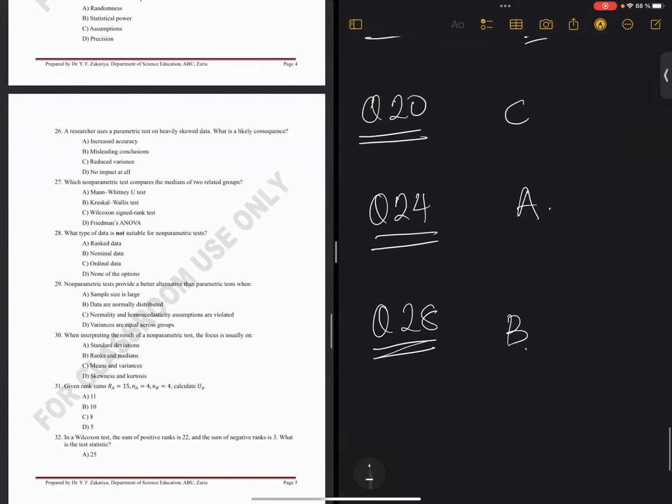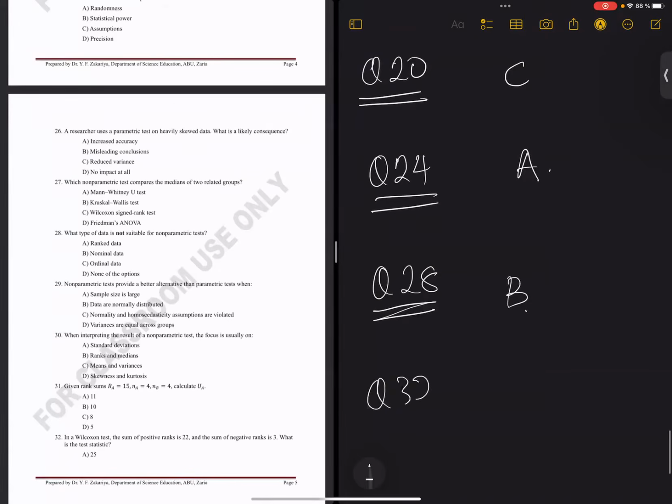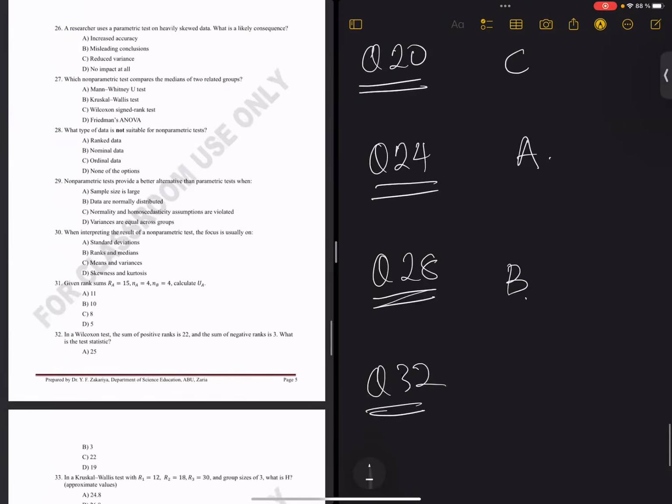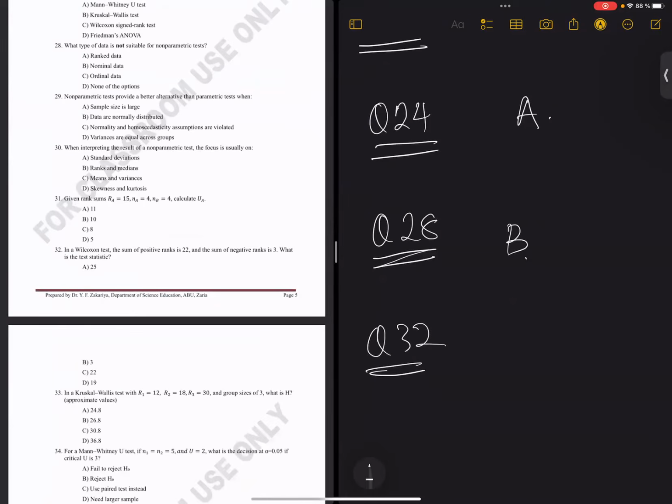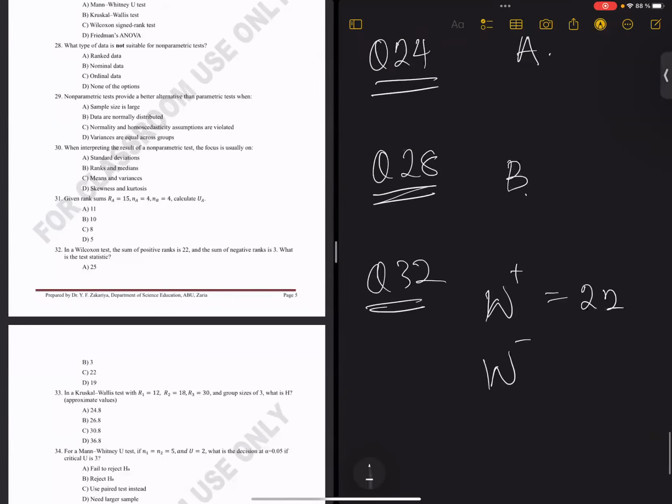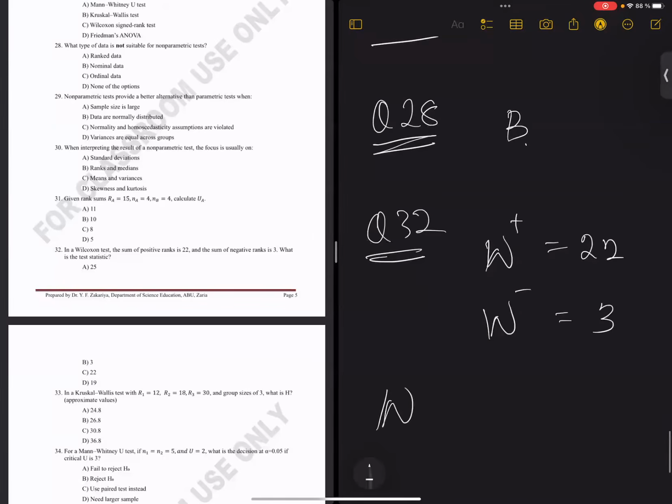Take note. Question 32 is the next question. It says, in a Wilcoxon test, the sum of positive ranks is 22, and the sum of negative ranks is 3. W plus equals 22, W minus equals 3. What is the test statistic? What is W?